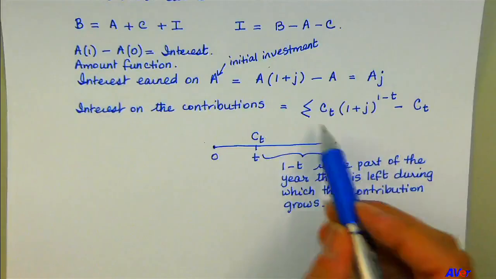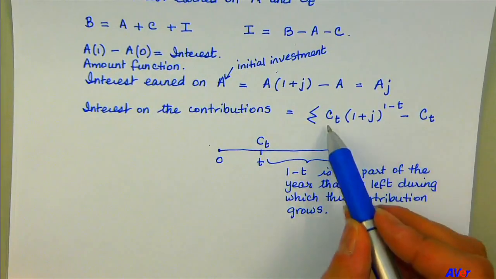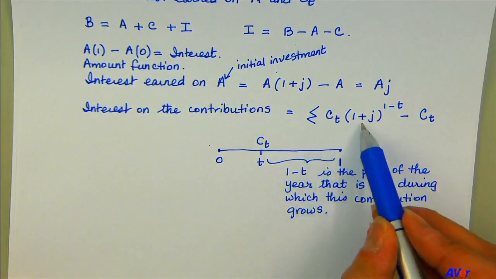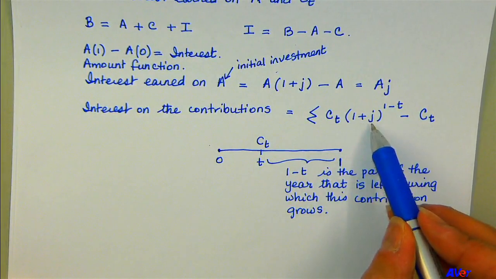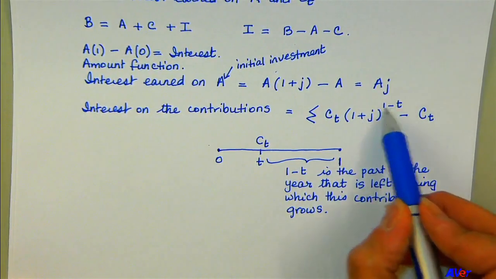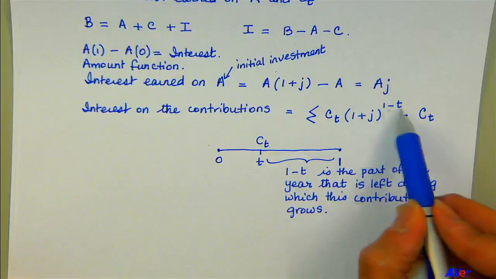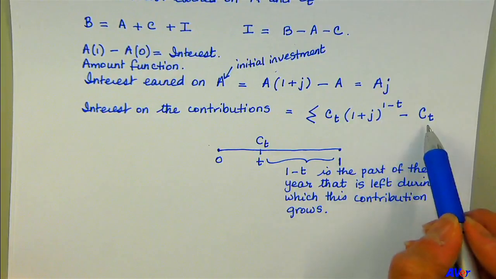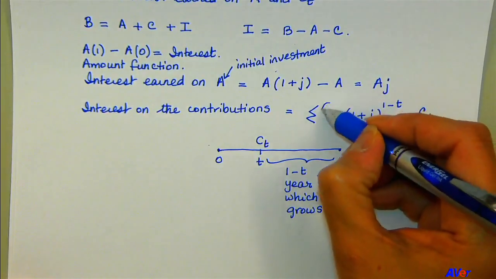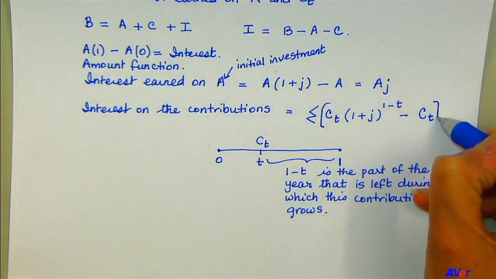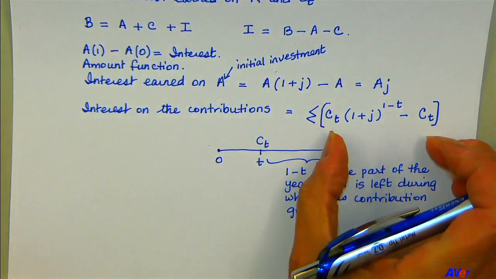Therefore, this follows. So you have C_t, (1 plus the yield) to the 1 minus t. This is the period that's left for it to grow, minus the original. So I'm going like this. The whole thing is under the summation. Are you following me?